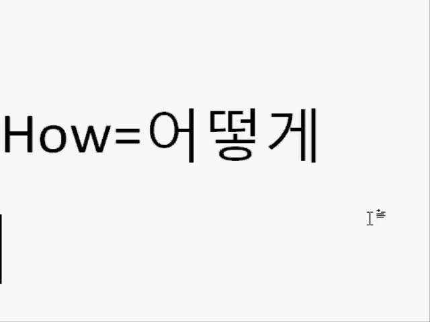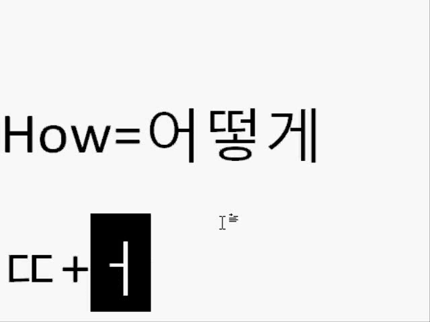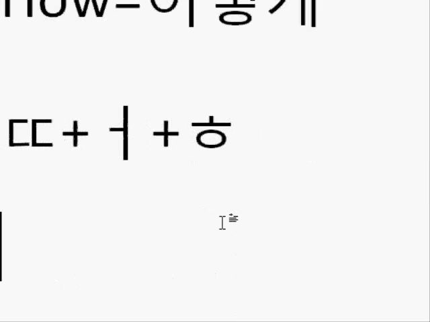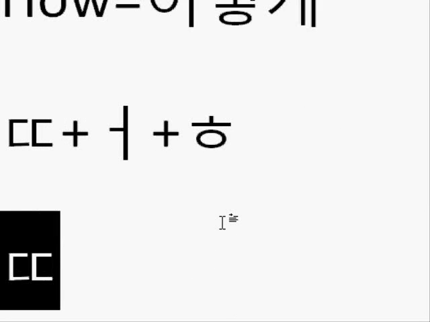Here we go. The middle syllable is a combination of this. That is a consonant plus a. Now you know what that is. It's stuck in your head. It should be the H sound. So consonant, vowel, and consonant again.